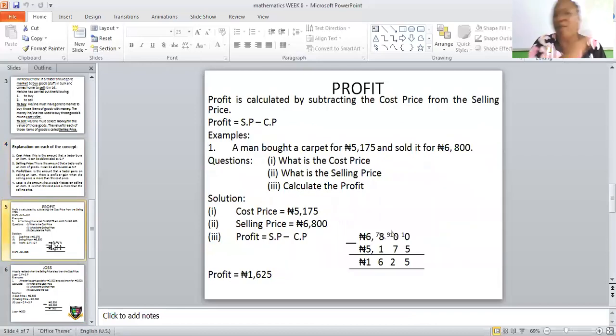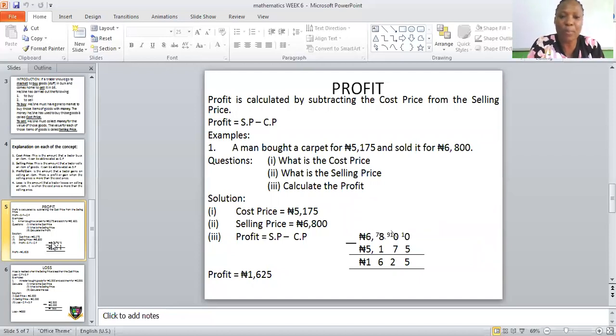Now let's go to profit. Profit is calculated by subtracting the cost price from the selling price, because the selling price is higher than the cost price. Then you subtract the cost price from the selling price to get your gain or profit.